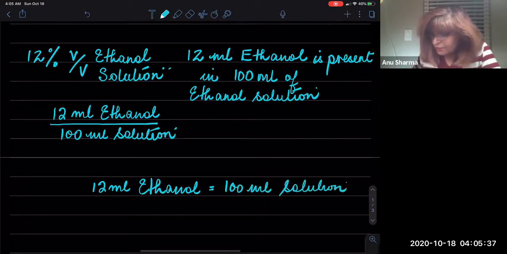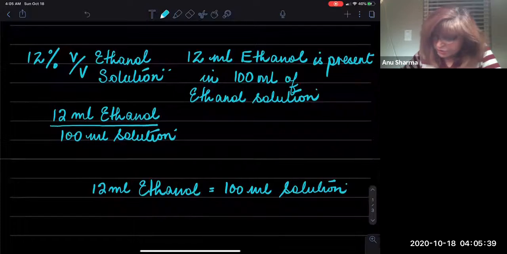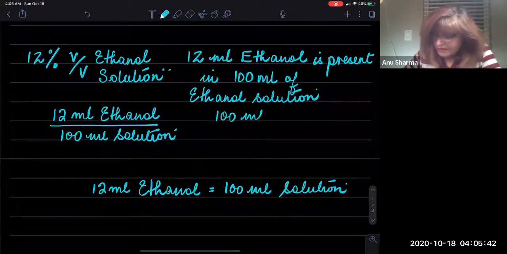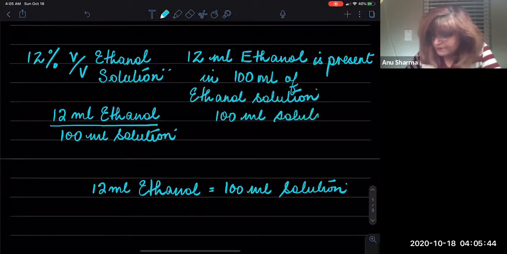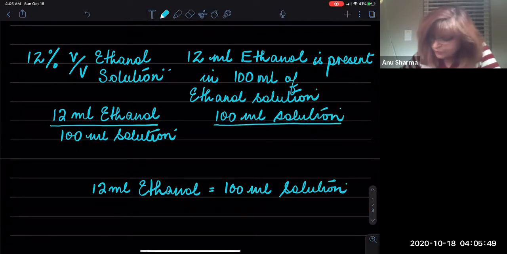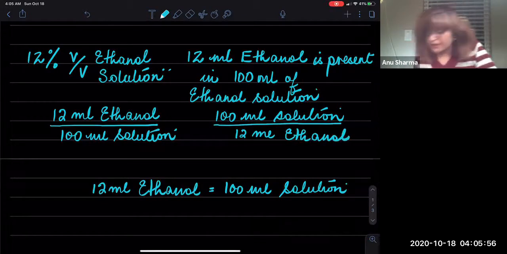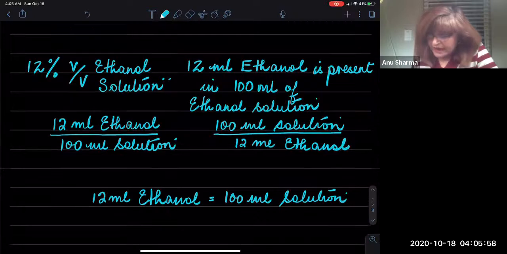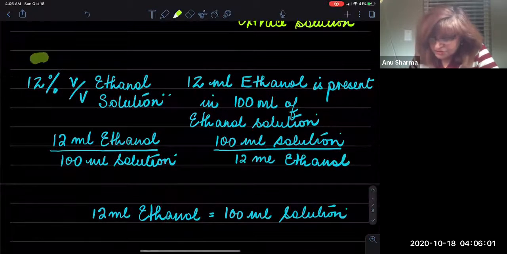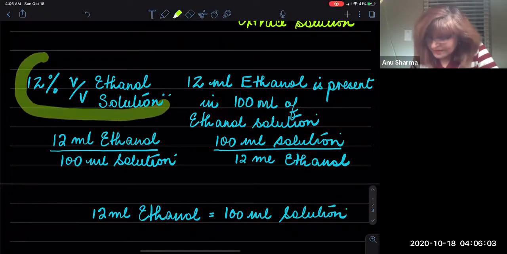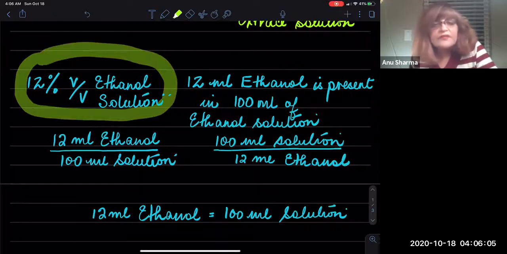So you can write this equality, and then above I'm writing these two conversion factors, 100 milliliters of the solution over 12 milliliters of ethanol. Okay, so these are the two conversion factors from the equality, and you can just use this information to convert it into conversion factors and to find the unknown.